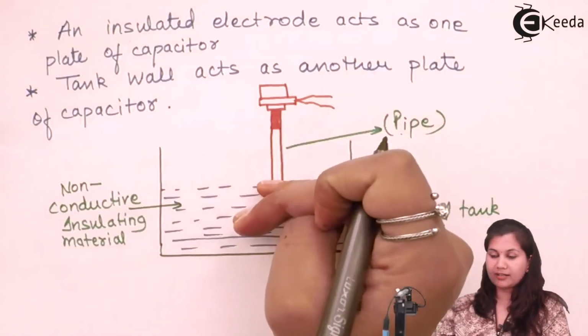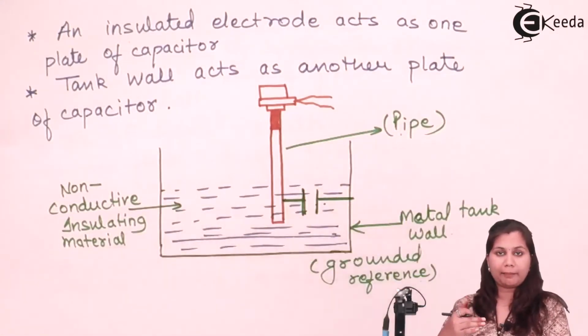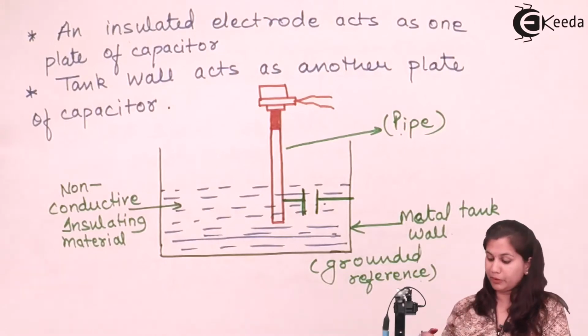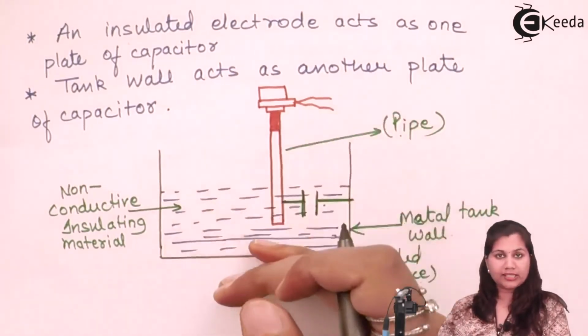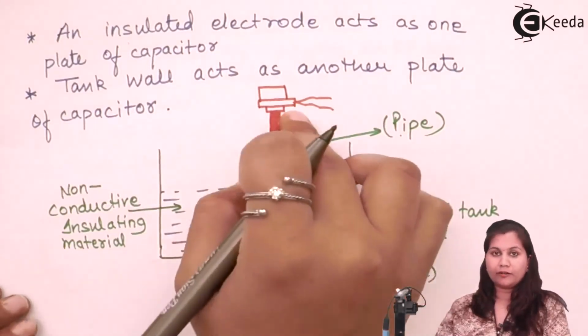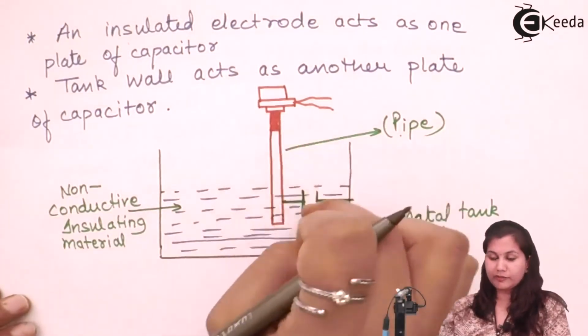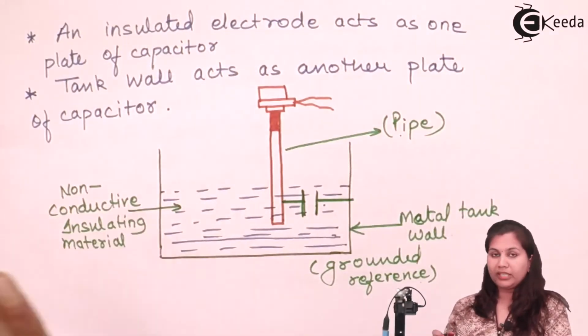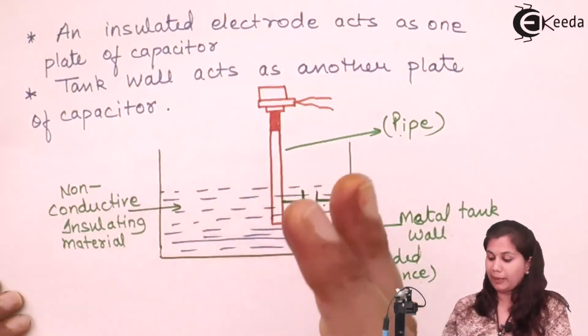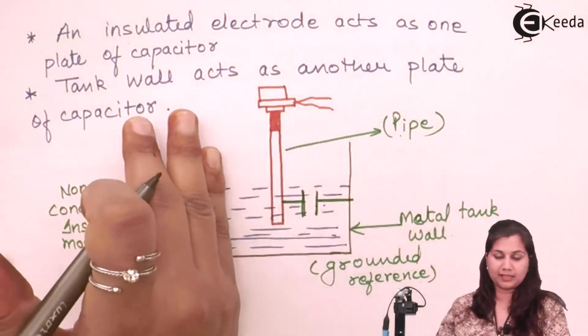As the level starts dropping, the capacitance is going to decrease because the dielectric constant is decreasing, and the flow of current is also going to drop.